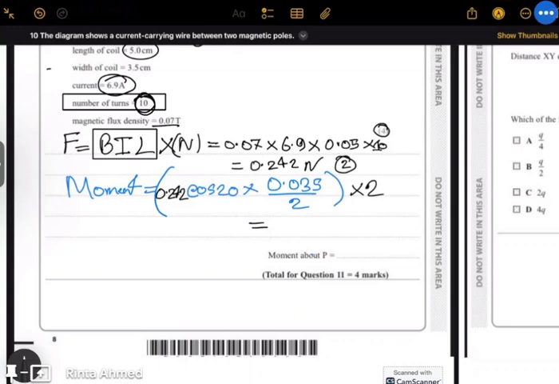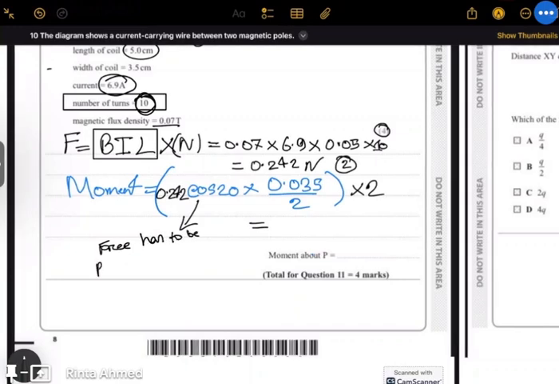Tasnova, what is the answer? 7.96 into 10 to the power minus 3. This is our answer.